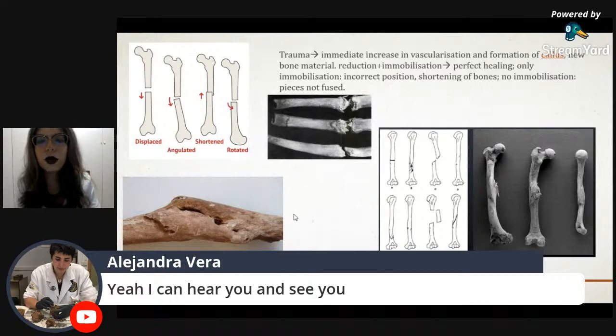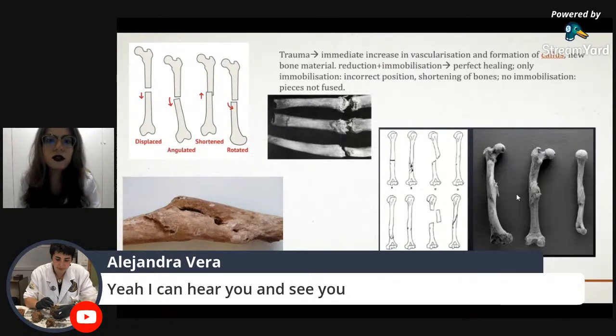But why do all these pictures of long bones and ribs have a different aspect, show a different morphology? Because when a fracture happens, generally it needs immobilization.